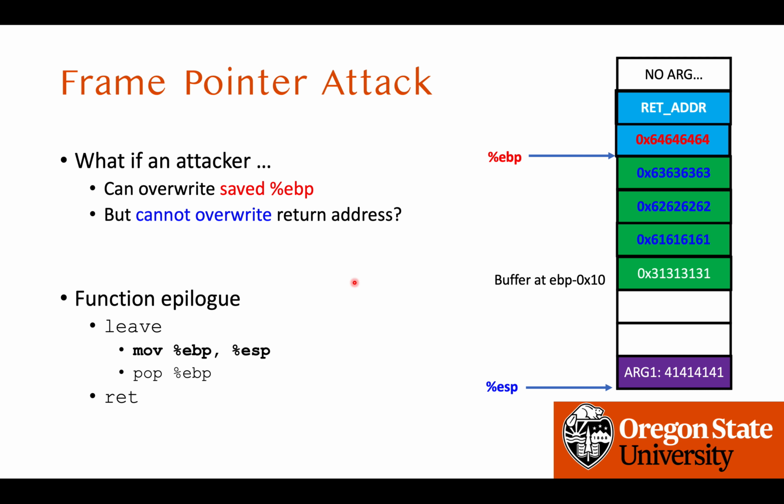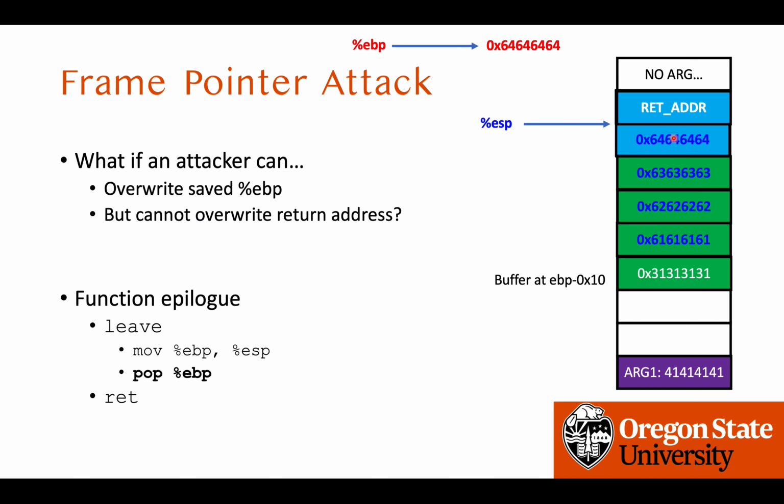So the leave instruction will first move ESP to EBP, something like this, and then it will pop EBP. So the value of EBP will be this value, 64, 64, 64, 64, and then ESP will move one up.